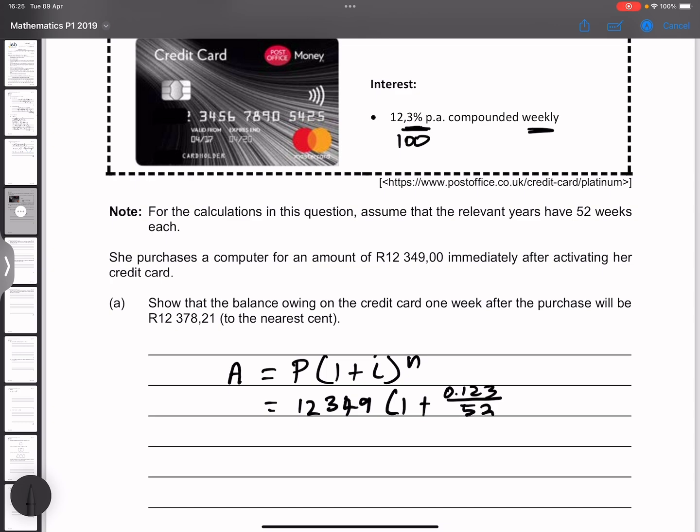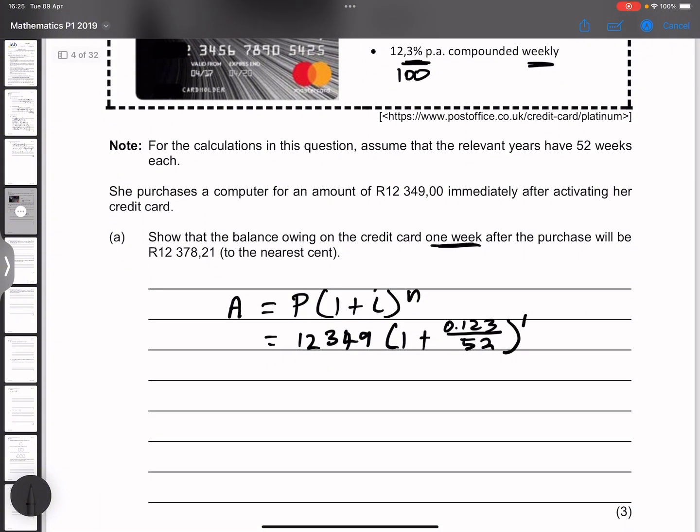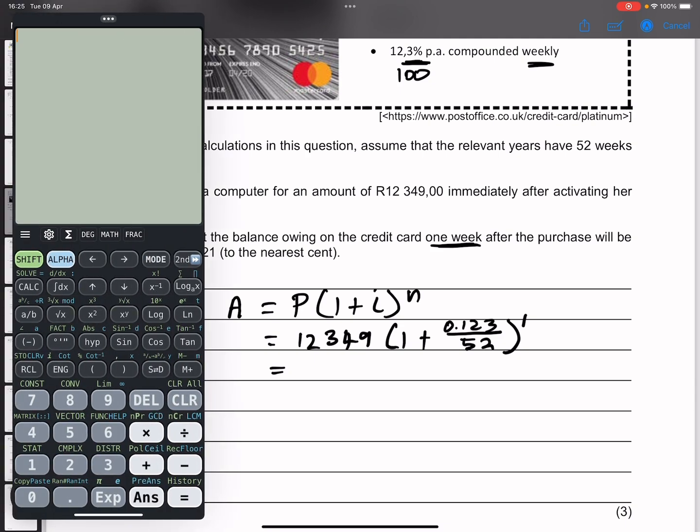But now, how many weeks is this? They said after 1 week. So n would be equal to 1. So let's do that quickly. This is going to give us 12,349 times 1 plus 0.123 over 52, and all of that to the exponent 1.